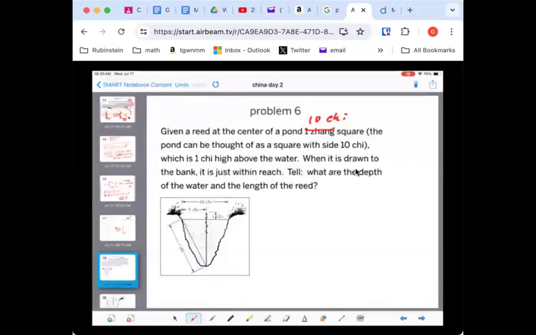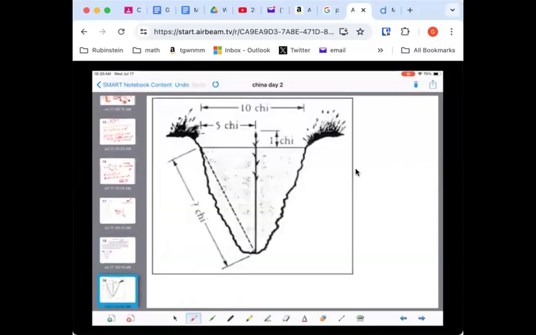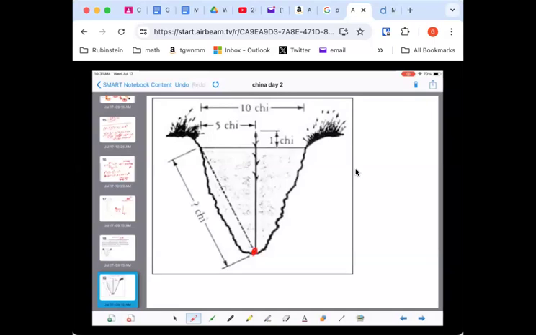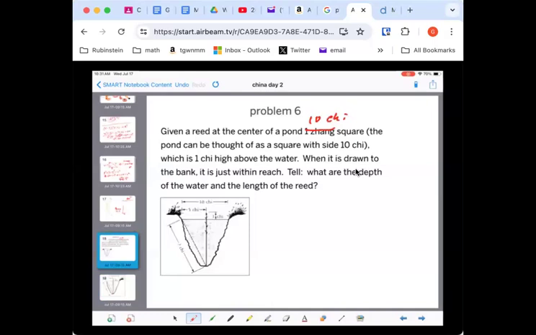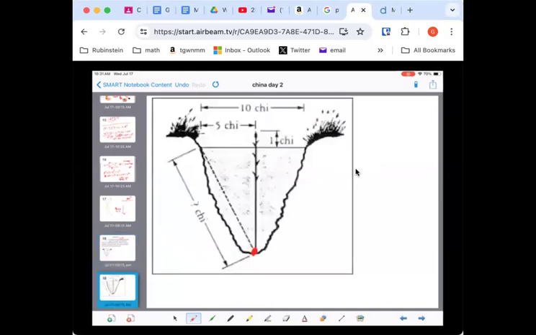Now it says that the reed is growing from the bottom, from the floor of the, what is it? Is it a lake? What do they say? Pond. So the reed is growing from underwater, and it grows so high that it ends up sticking out, but only by a little bit.